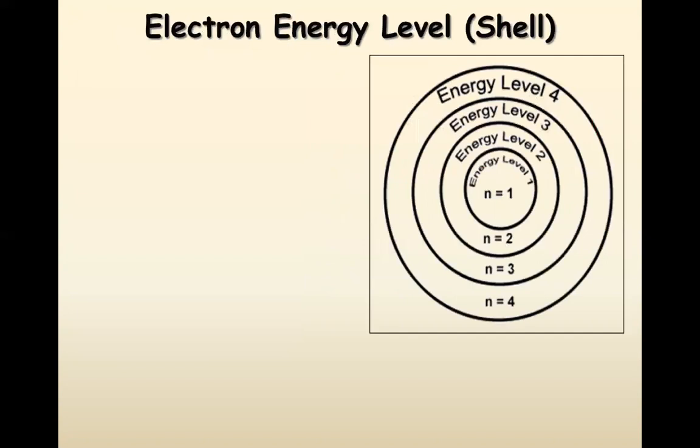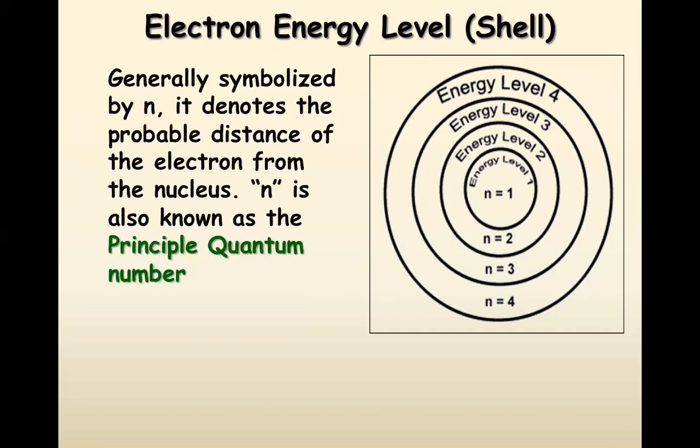Now, so far, we've hopefully gathered that electrons are located around the nucleus in atoms in energy levels or shells. We see that this particular diagram has n equals 1, 2, 3, and 4. Notice as you move away from the nucleus, the number of the energy level gets larger.